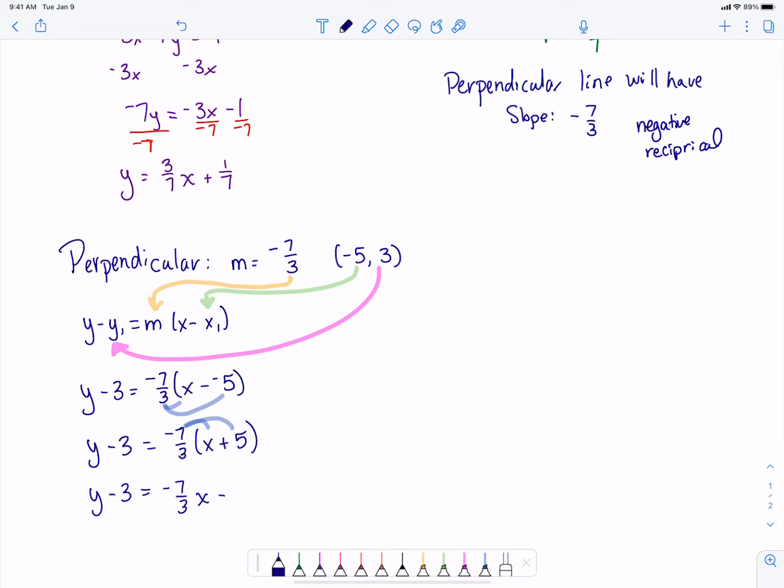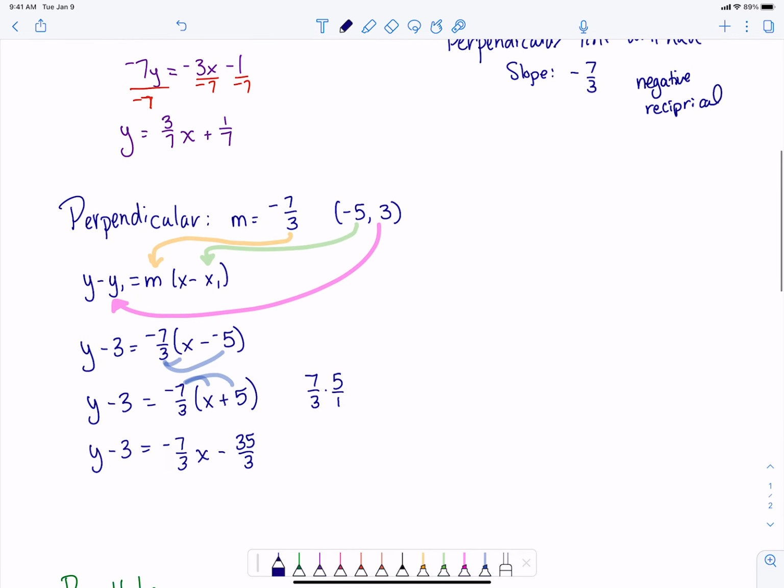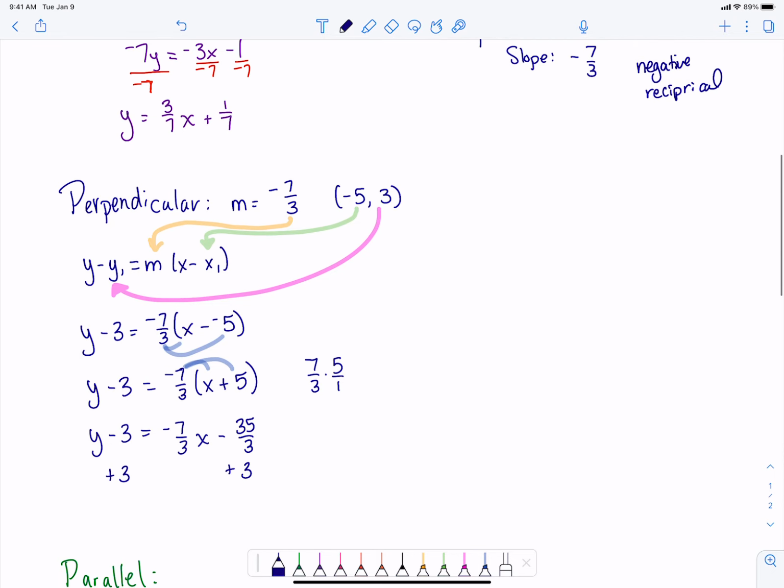That is not fun. But here we're going to get 35/3. So we're multiplying fractions. Any whole number is that number over 1. So we multiply across the top and across the bottom. So 7 times 5 gives us 35, 3 times 1 gives us 3. Then we just need to add this 3 to both sides, and then we've got our line in slope-intercept form. So yeah, it's kind of a pain. We've got to add fractions here.